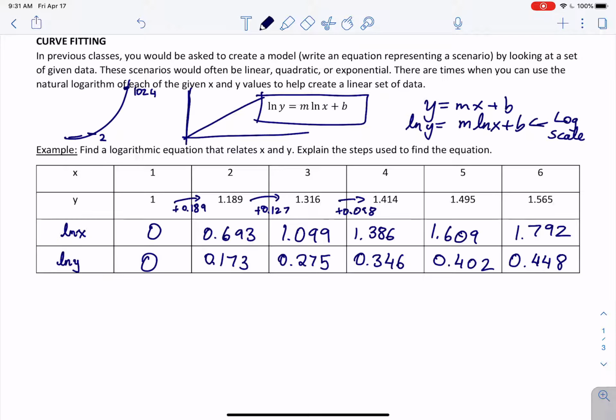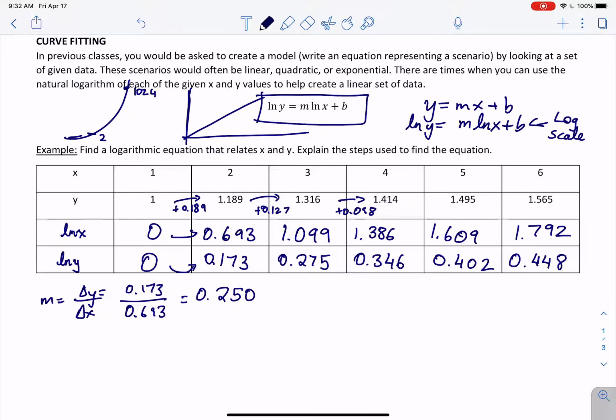So change in y over change in x, right? We can do it on this point. Well, the change in y over change in x would be 0.173, and the change in x is 0.693. And so if I divide that, I can get my slope, and I get 0.250.